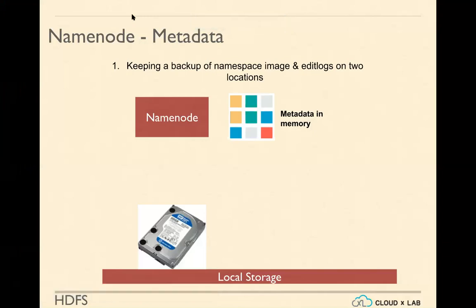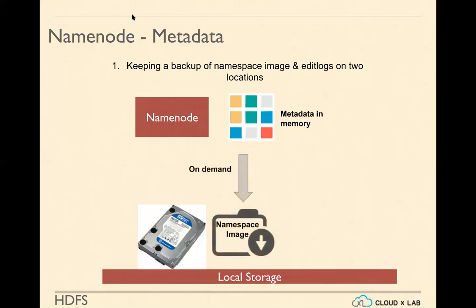The name node keeps the metadata. Metadata is how many replicas there are, what the block IDs are, and where the block IDs for the files are stored. That's the metadata, the information about data. The actual data is everything inside the boundaries of the file. When you say cat file, whatever gets printed is the data. The name node keeps metadata in memory.